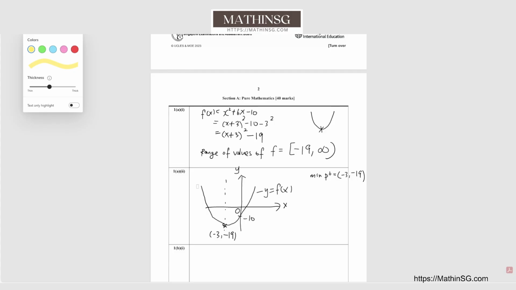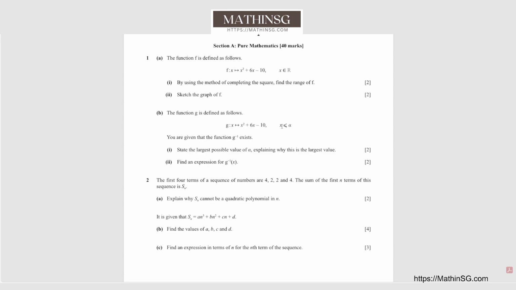This portion here is a 1-1 function, then this portion here is another 1-1 function, or any subset of this green portion is a 1-1 function. Because we know that for g(x), its domain is x less than or equal to alpha, therefore alpha must be minus 3.